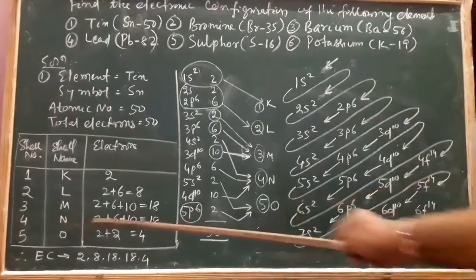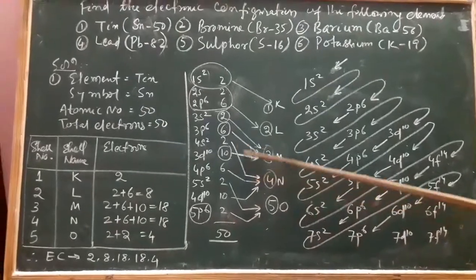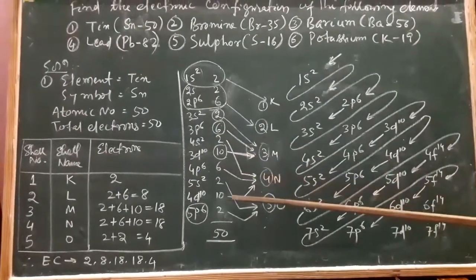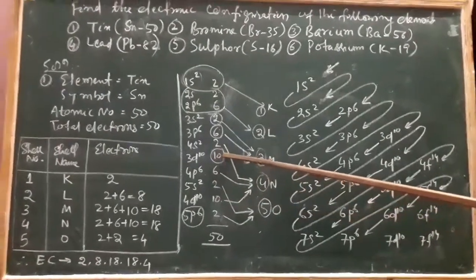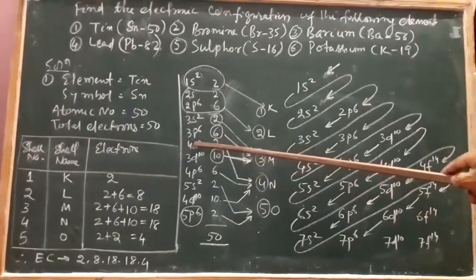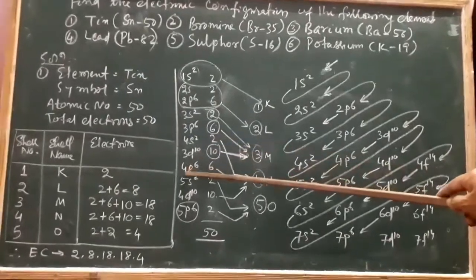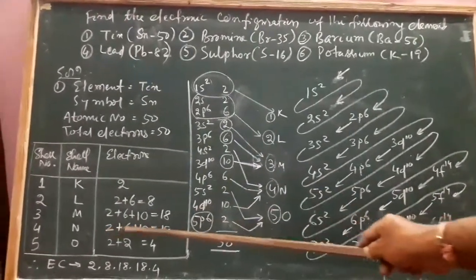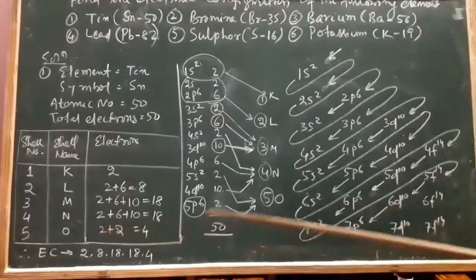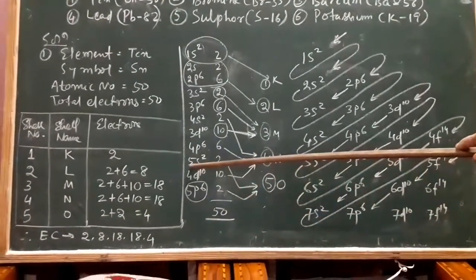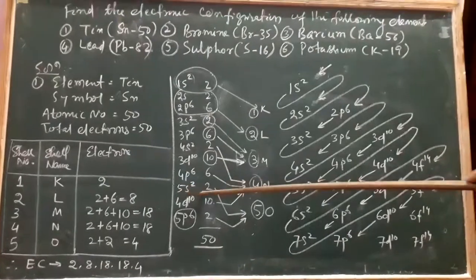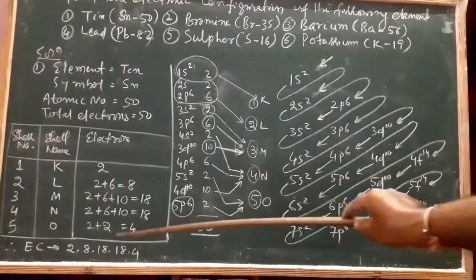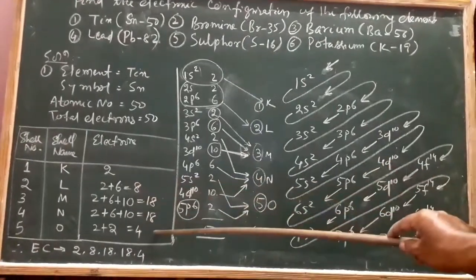N shell: 4s has 2 electrons, 4p has 6 electrons, 4d has 10 electrons, 2 plus 6 plus 10, 18. Now the last, fifth shell: 5s2 has 2 electrons and 5p2 has 2, so 2 plus 2, 4. Adding all, it comes to 50.